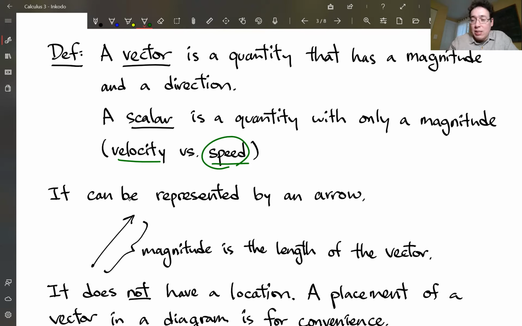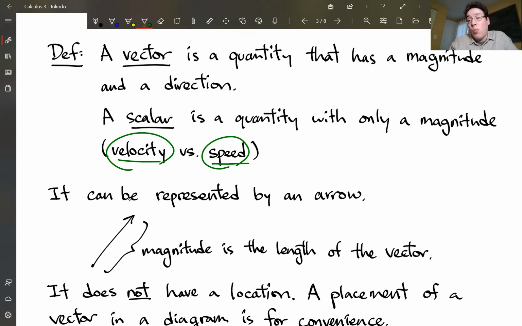Velocity is going 60 miles per hour north, in the I-5 North direction. If you include the information about which direction you're traveling, then that becomes the velocity. If you forget the direction and just remember how fast you're going, then you have a scalar.